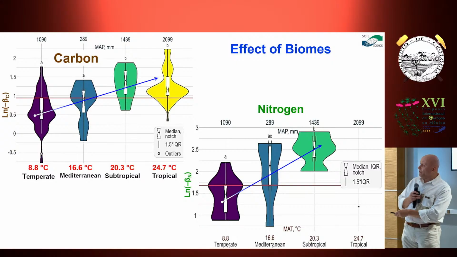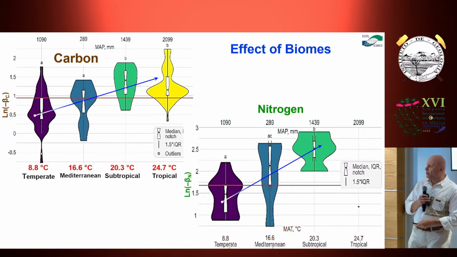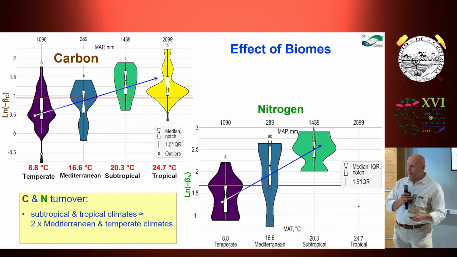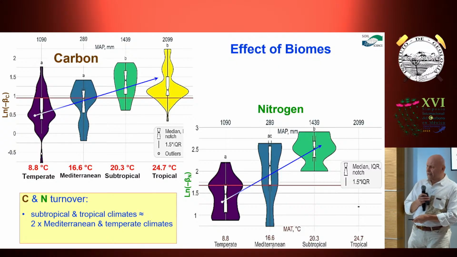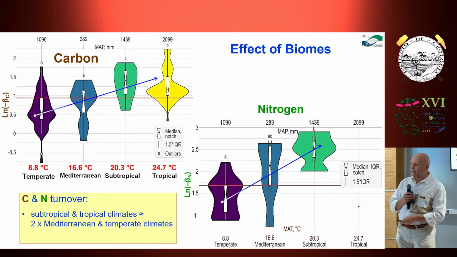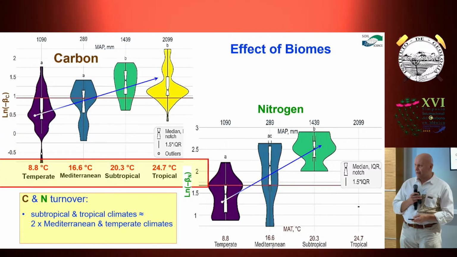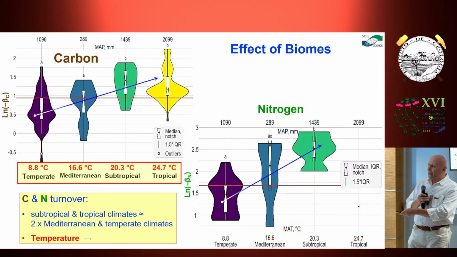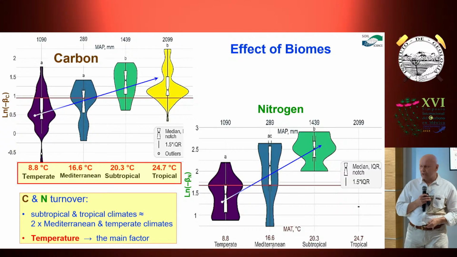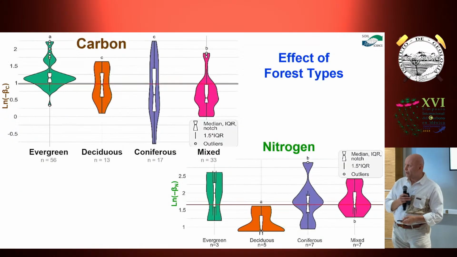For tropical soil, we had just a couple of points, so there are no conclusions here. But it means again that in the subtropics and tropics, the turnover of carbon is about 2 times faster than in Mediterranean and temperate climates. And again, if we look at the increase of temperature, probably temperature is the most important factor.